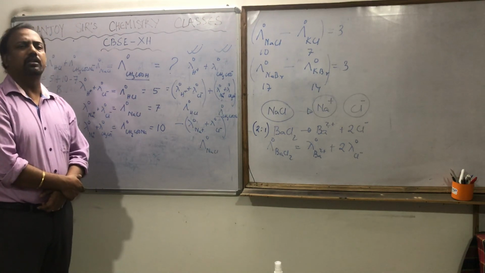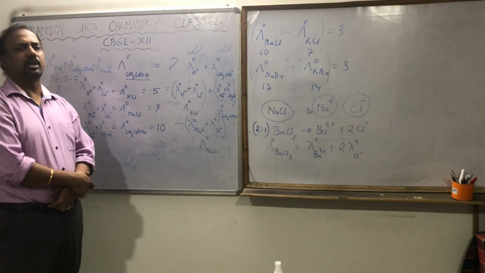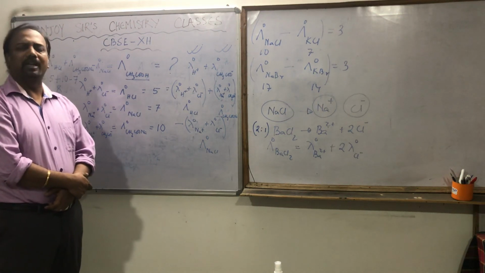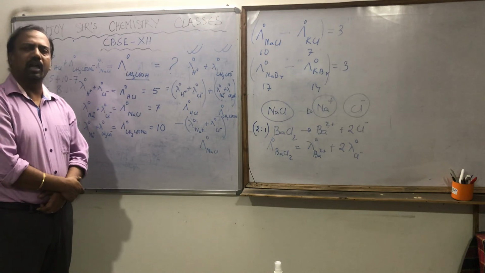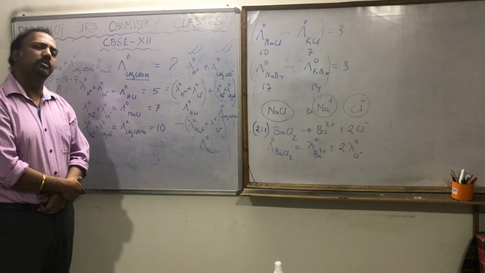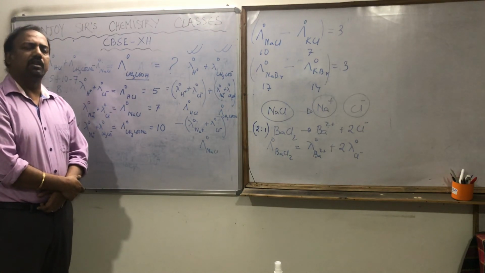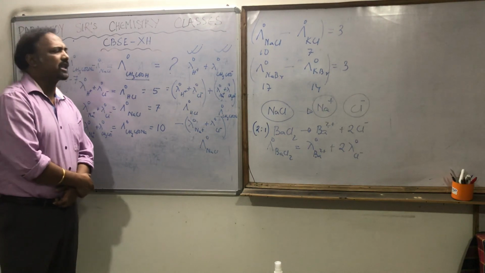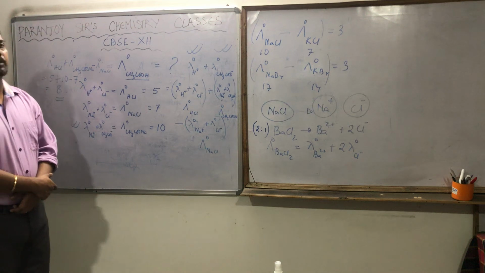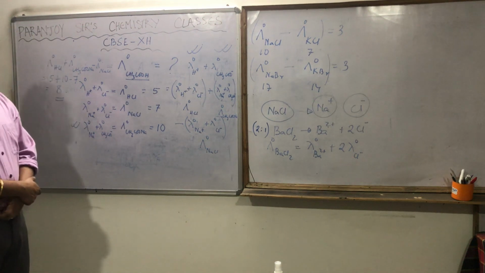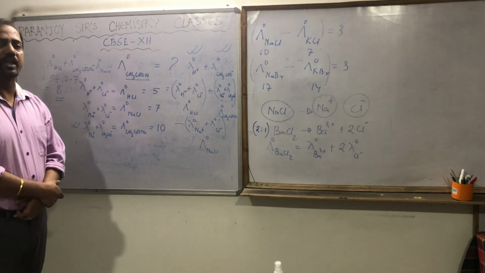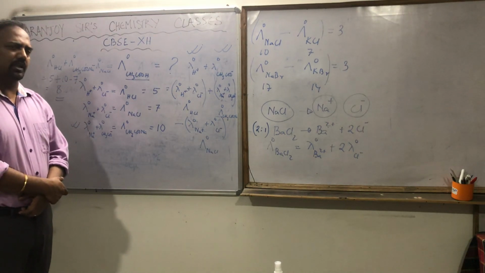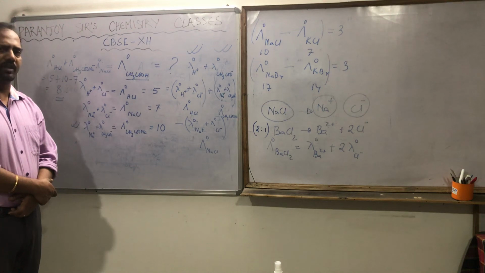That particular law is known as Kohlrausch's law of independent migration, because the ions are migrating independently and that is why they contribute to the limiting molar conductivity of the electrolyte. By using that law, from the values of the strong electrolytes we can very easily find the value of the weak electrolyte.